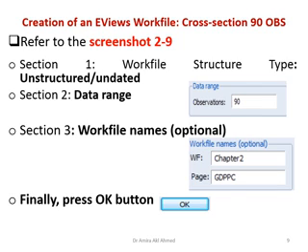Thus, type 90 as the number of observations under the section entitled Data Range. In section 3 or Area 3, you have the option to give names to your work file and the page under consideration. Give them the names shown here.